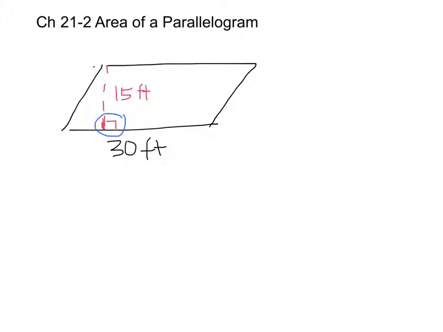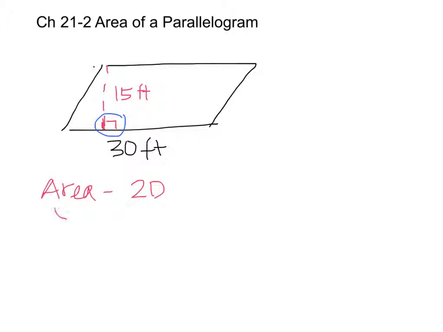The technical director needs to know the area of the set so she can mix enough paint. What is the area of the set? Because she wants to paint this. So remember, when you think of area, it is a two-dimensional area. Okay? So it's not 3D, it's a flat surface.